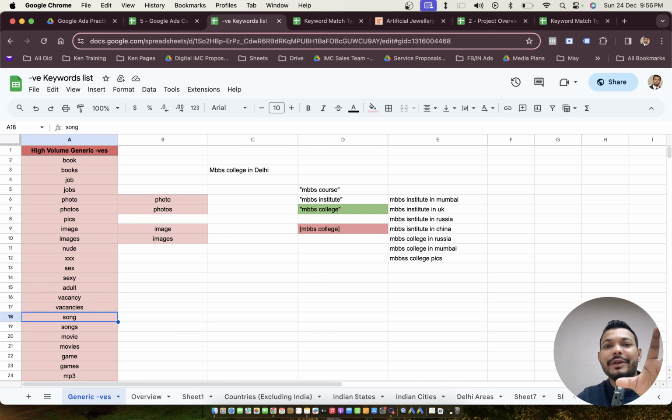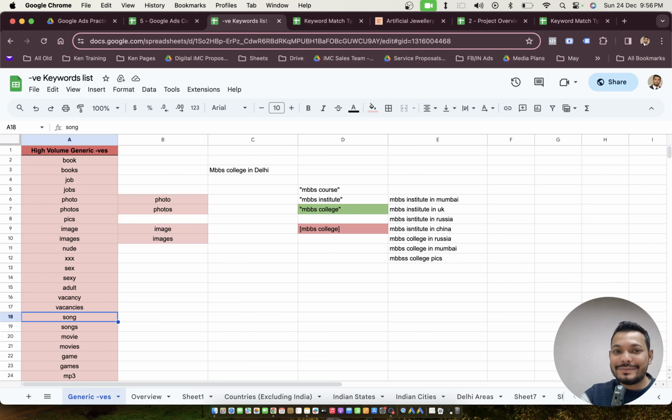Maybe if jewelry is not making complete sense for you, let me take another example. Let's say you are selling sarees. Maybe this time you are running a campaign for a female retail store, and your job is to sell sarees, right? So you'll have keywords like Banarasi sari, Bengali sari, silk sari, and latest sari designs, a lot of things for sari.